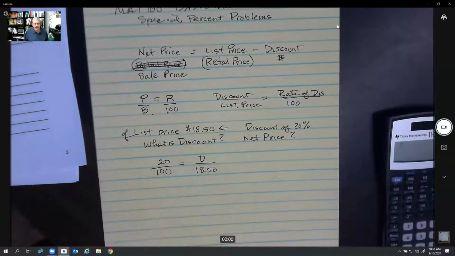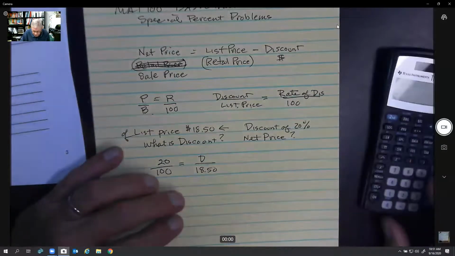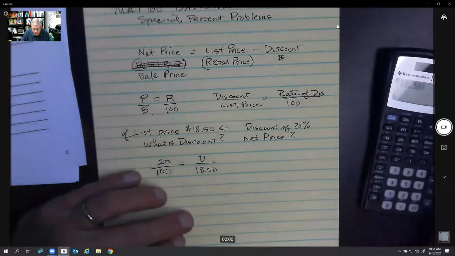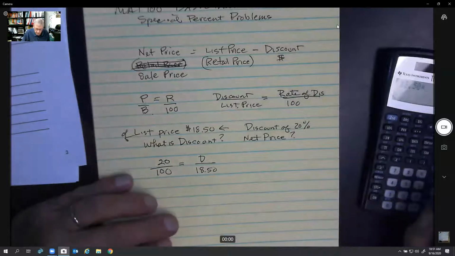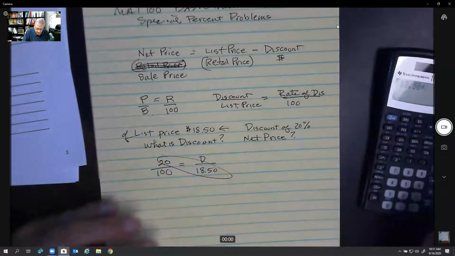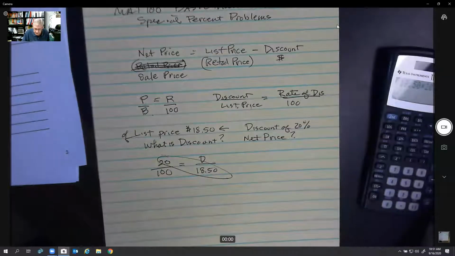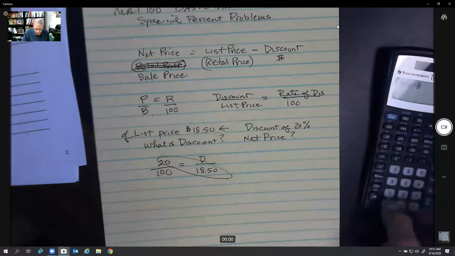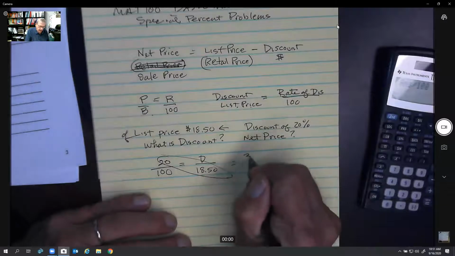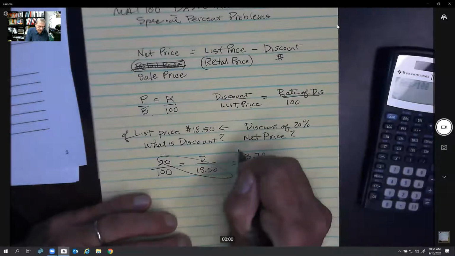We'll put a D for discount. If we calculate that out, we get 18.50 times 20, multiplying diagonally, divided by 100, equals 3.7. In real money, that means $3.70.